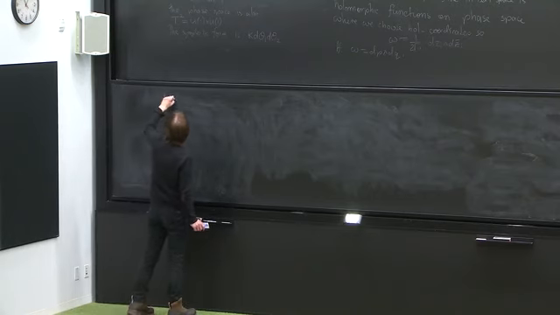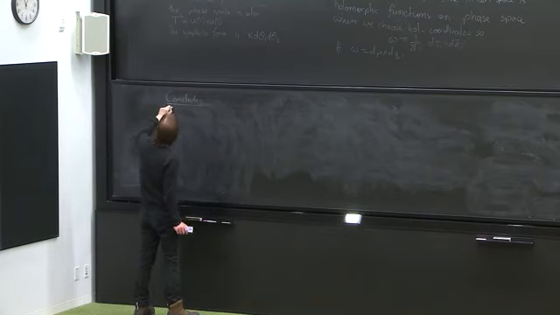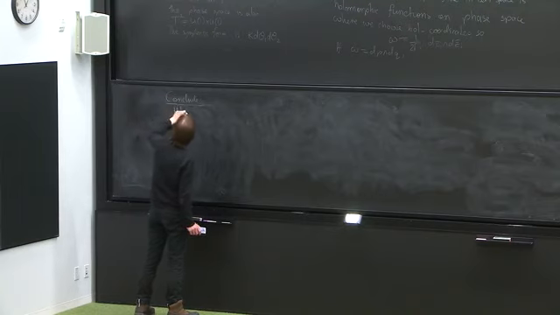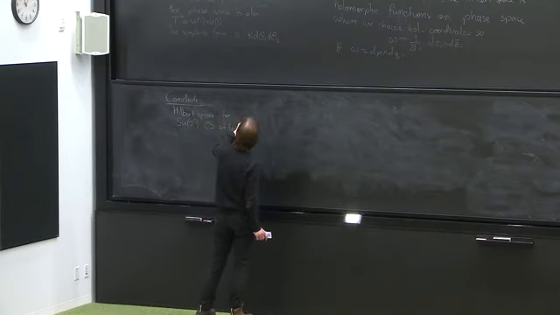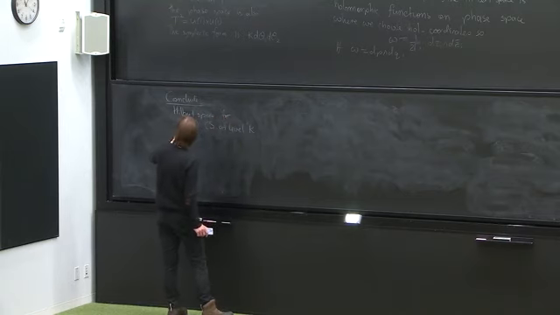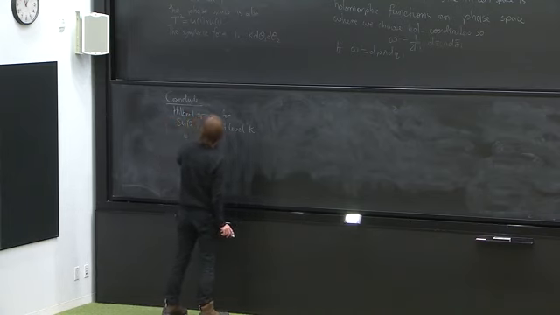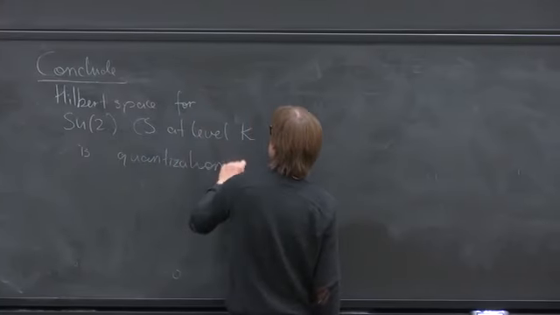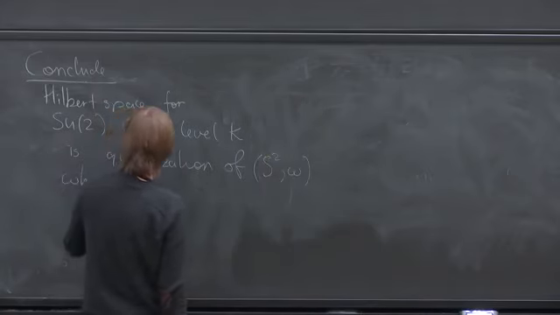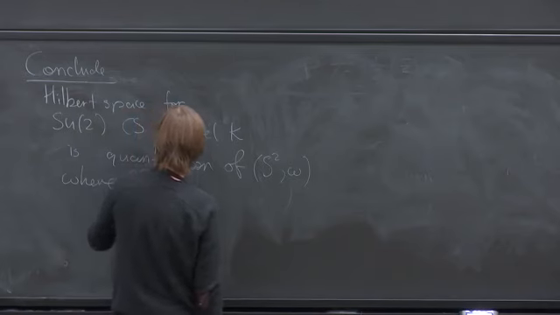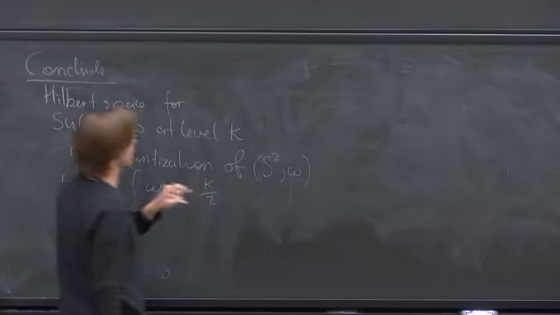So we conclude the Hilbert space for SU2 in Chern-Simons theory at level K seems to be the quantization of S2 with symplectic form omega, where the integral over S2 of omega goes like k over 2, I think.